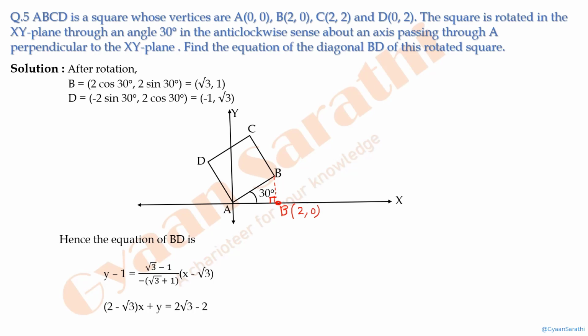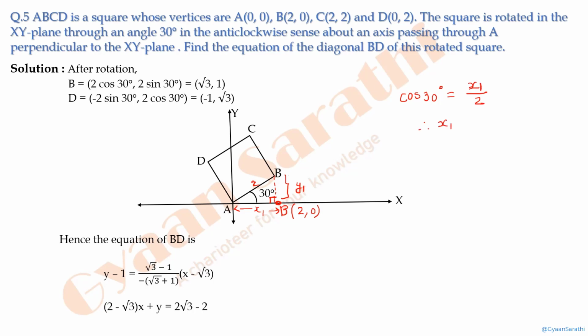If this is 30 degree and this length is 2, and I consider this as y1 and this as x1, then cos 30 degree is x1 by 2.